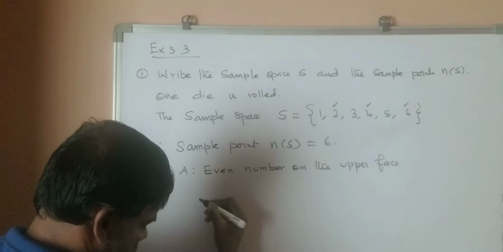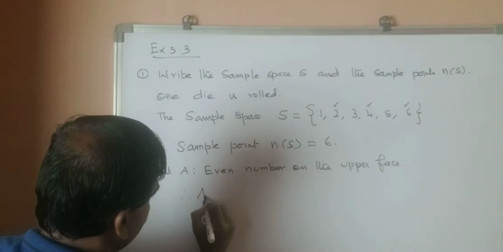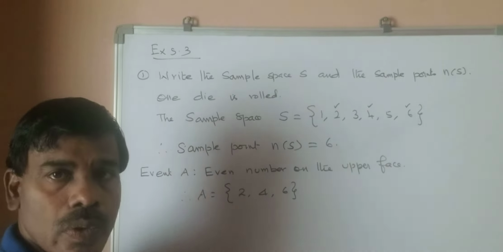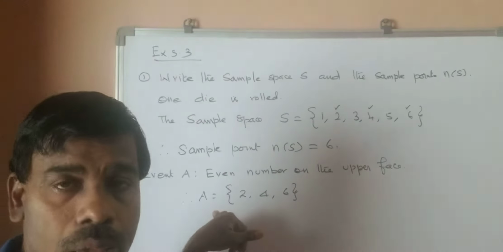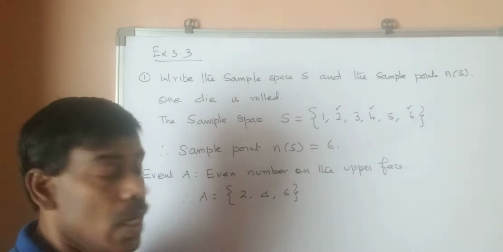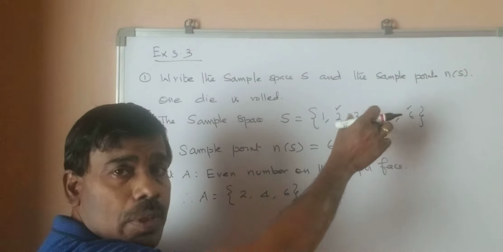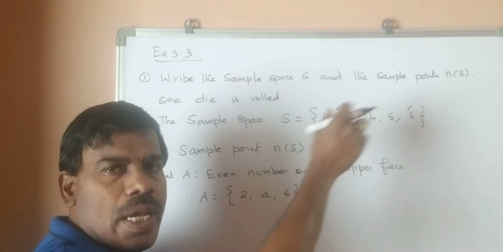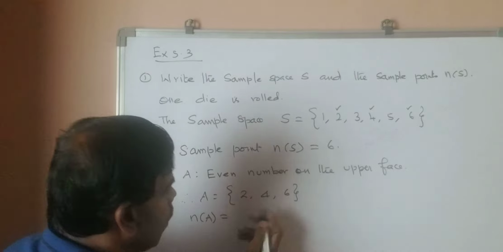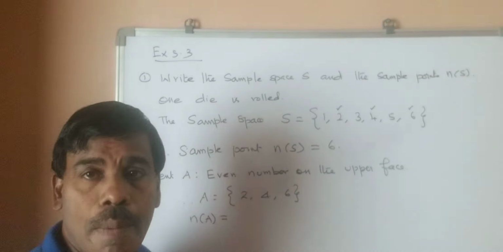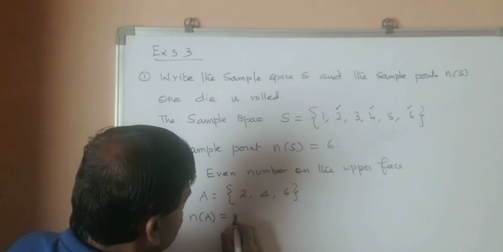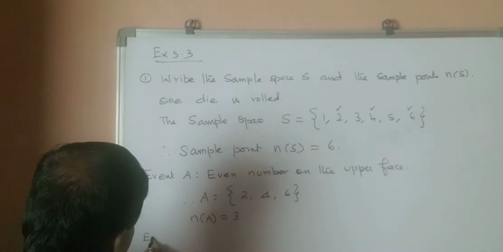So A equal to {2, 4, 6}. So this is another set A consisting of even numbers 2, 4 and 6. These three have been taken from the set of sample space S. So how many elements or members are there? 1, 2, 3. That is called sample points. So how many sample points are available in this set A? 3.